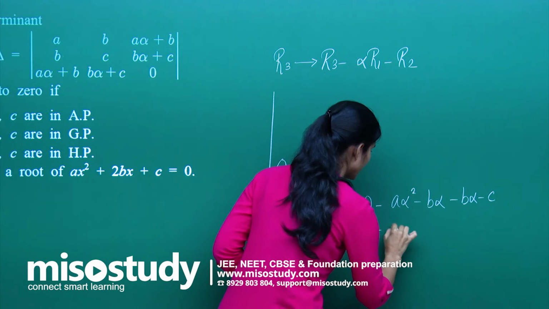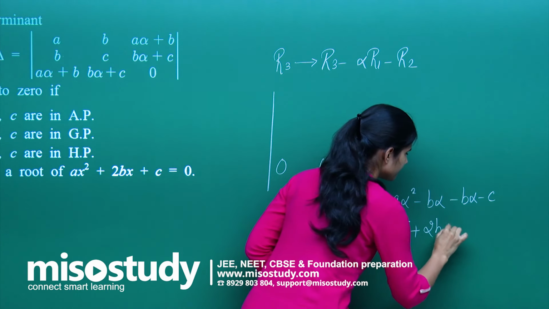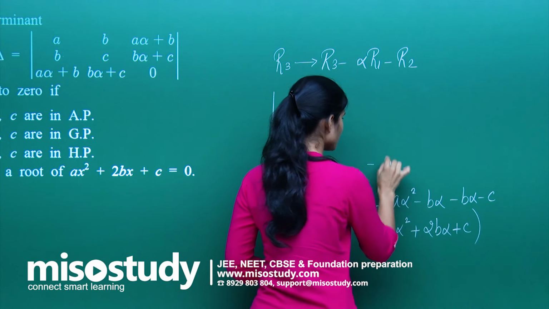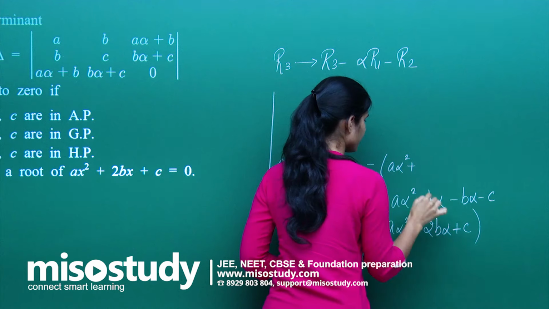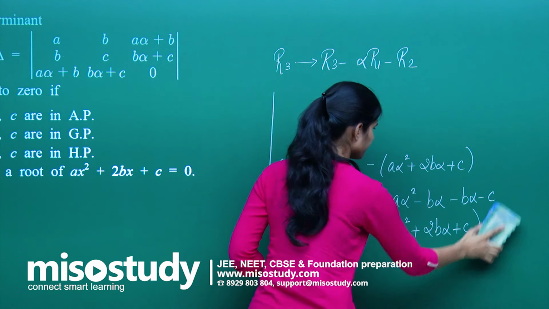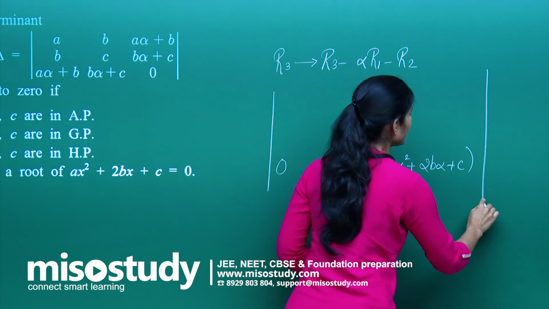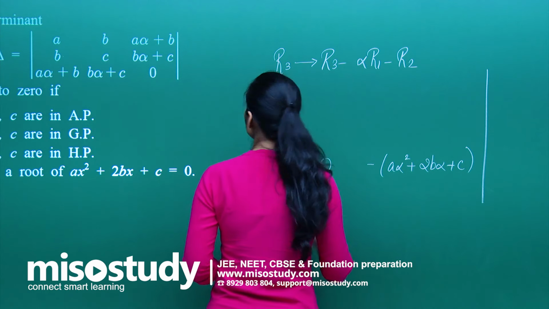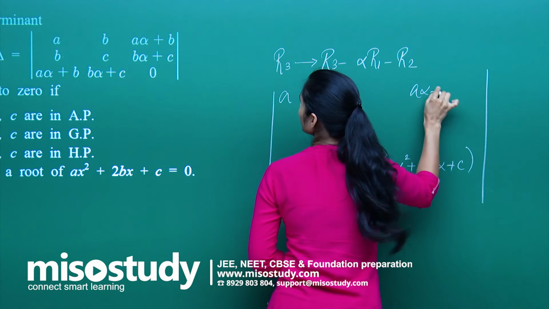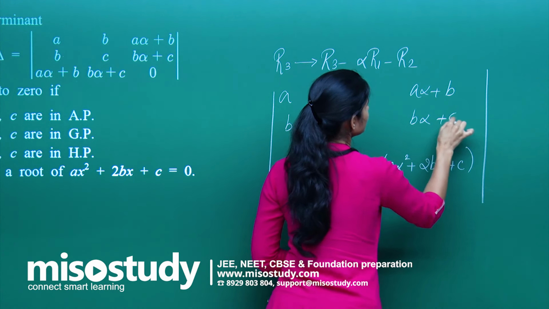You get minus A alpha square, or you can just write it as this, right? So here you get minus of A alpha square plus 2B alpha plus C. Clear? Now, the first row and the second row remain the same. This is A, B, A alpha plus B, B, C, B alpha plus C.